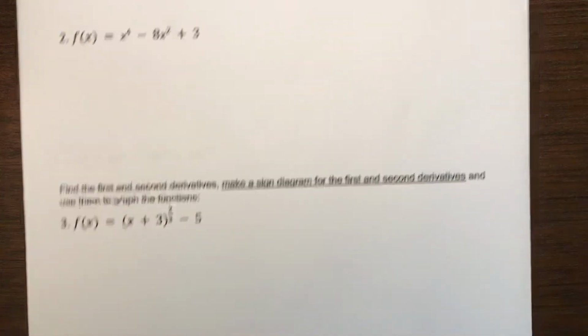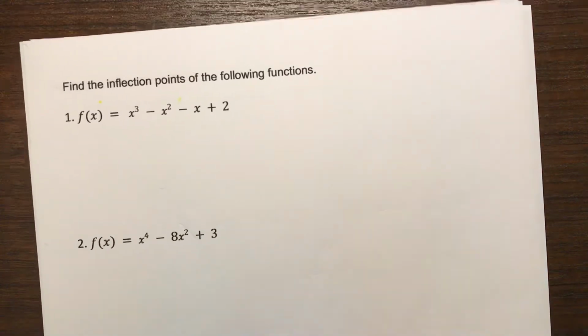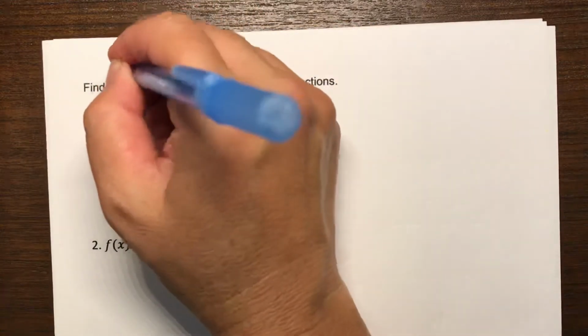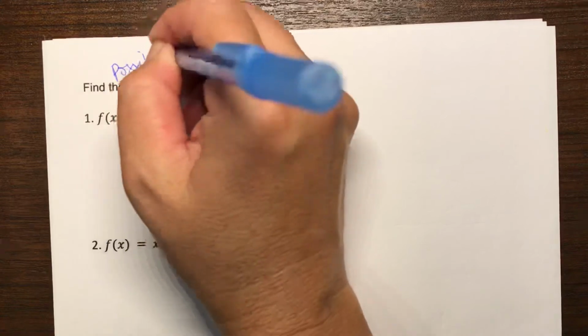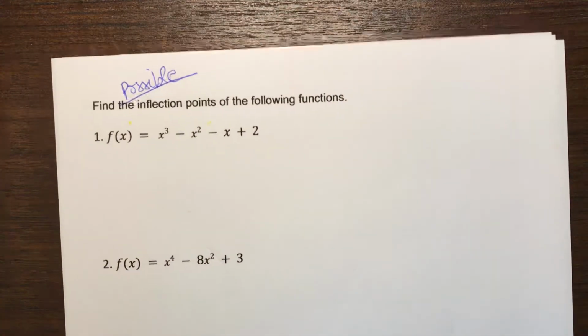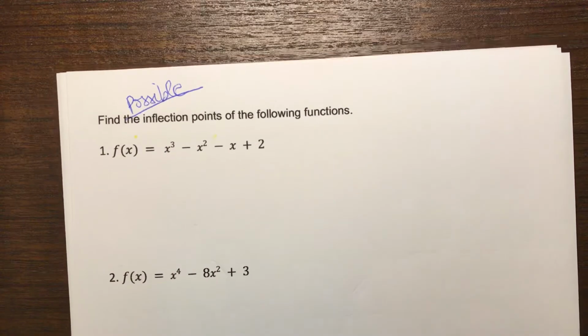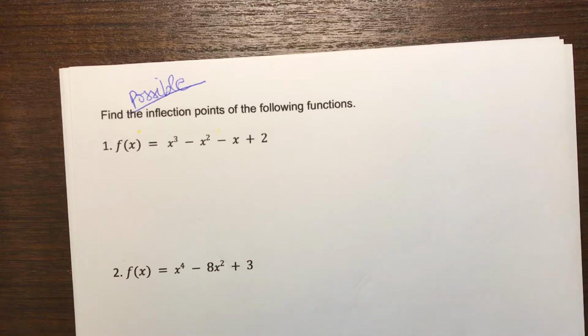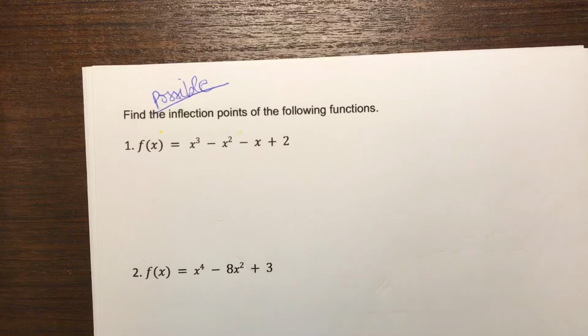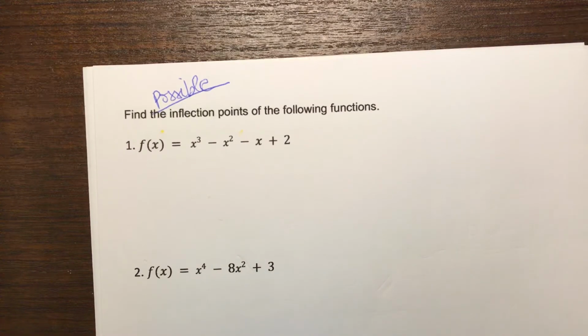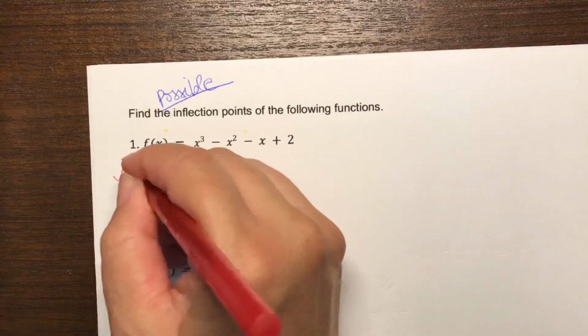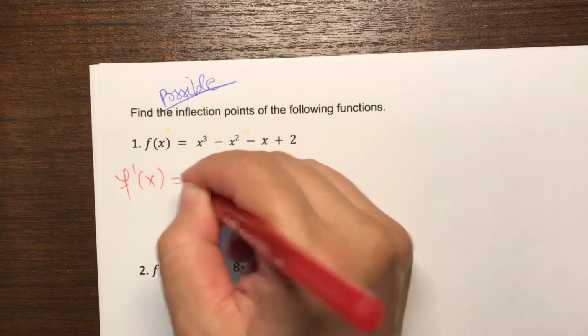Okay, so let's find possible inflection points. How do I find possible inflection points? I'm going to find the second derivative and look at where it might be 0 or undefined. Okay, so let's find the first derivative first.